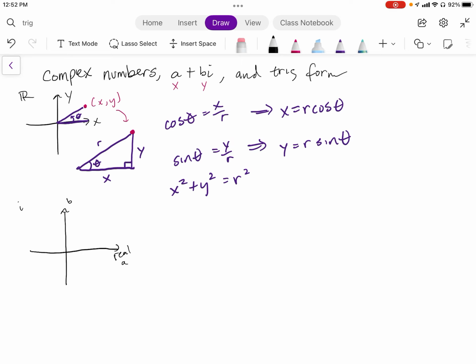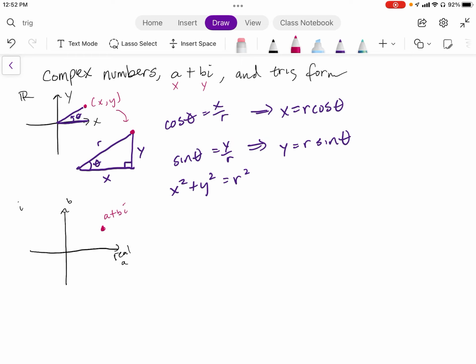So when we graph this, we still have the same point, so I'm going to put it in the same spot as the xy, but we called this a plus bi.